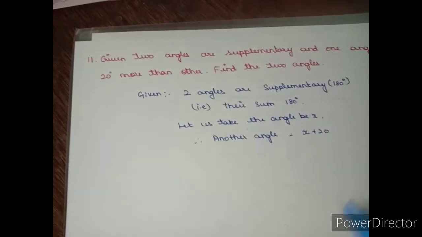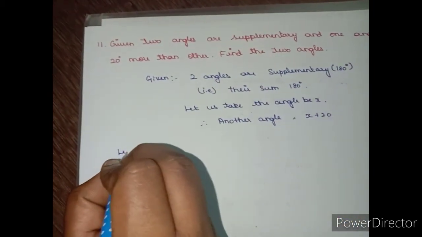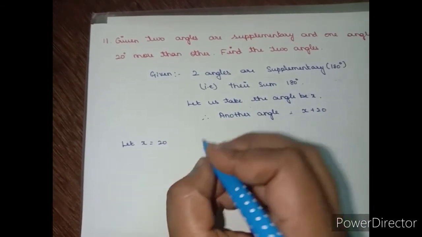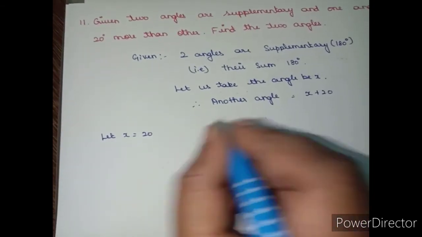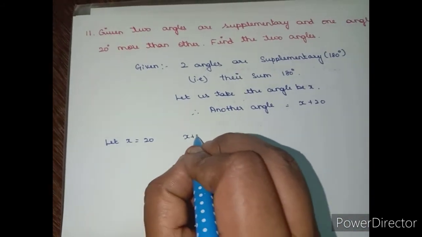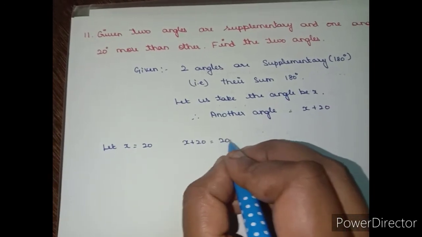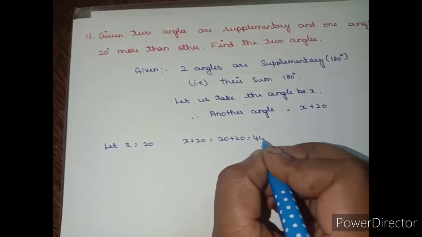Now we'll go with the trial and error method. Let us take first x be 20. From 20 we will start. So x is 20, x plus 20, 20 plus 20 will be 40.